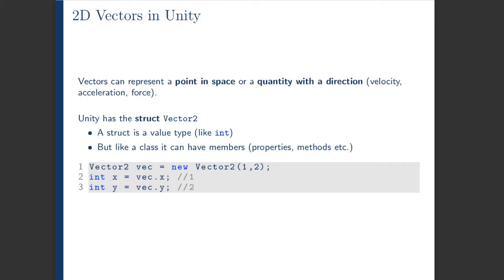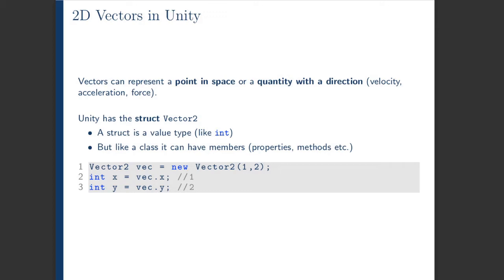We can also use it for concepts where there's a quantity and a direction. So the velocity of an object could be stored as a vector, and likewise the acceleration acting on an object or a force. So Unity provides a struct called Vector2, which lets us represent 2-dimensional vectors. A struct you can think of as a kind of value type like int, but one that has some features of a class.